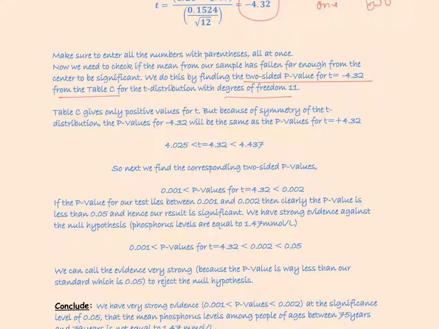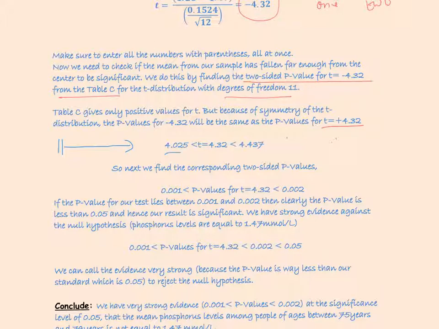Table C only gives positive t values, but because of the symmetric nature of the t-distribution, the p-value for negative 4.32 would be the same as the p-value for positive 4.32. So we look at the row headed by the degrees of freedom 11.